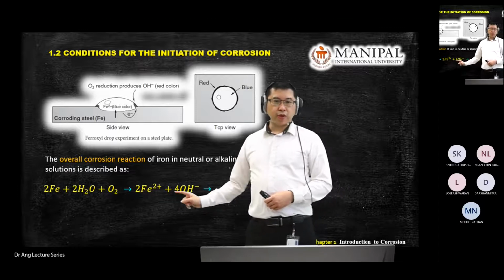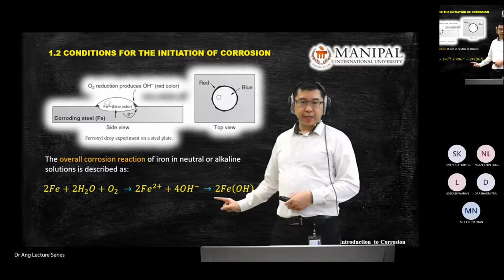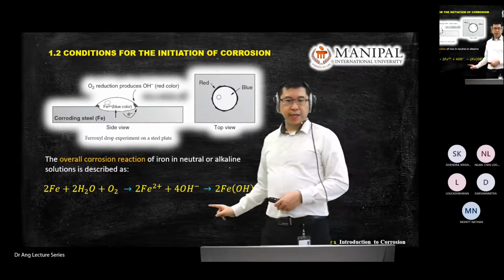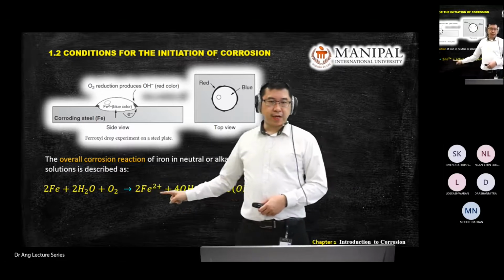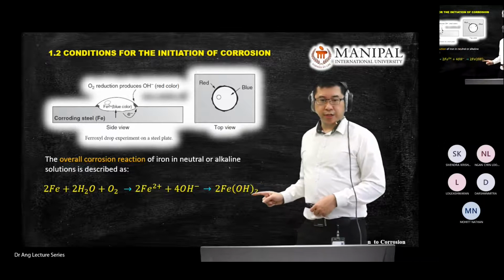So you join these two ions together, you will get ferrum hydroxide, Fe(OH)2. So this chemical equation is a corrosion reaction.